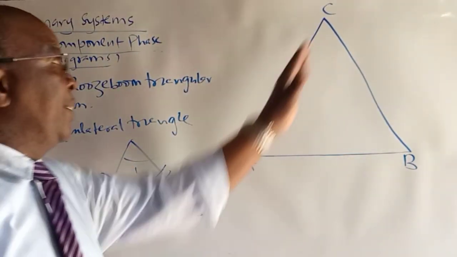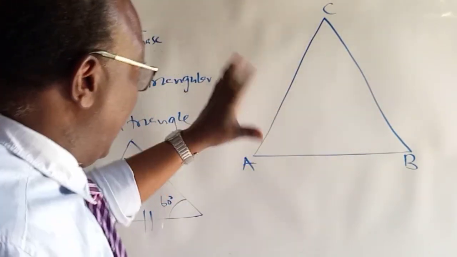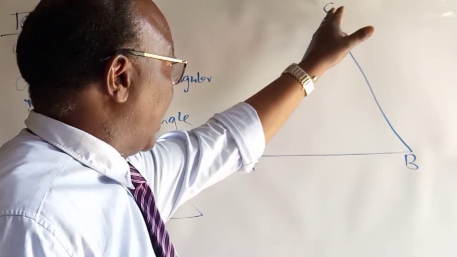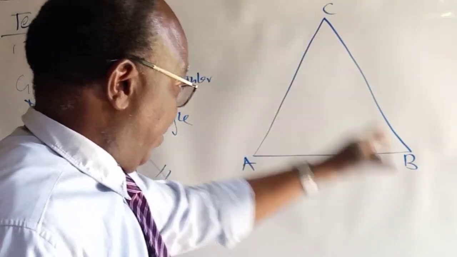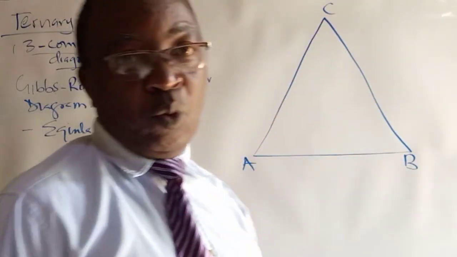Now they are all at the apices of the triangle. Look at this triangle as it is. There's an apex relative to these two, an apex relative to these two, and an apex relative to those two.